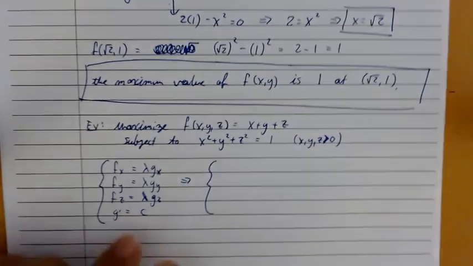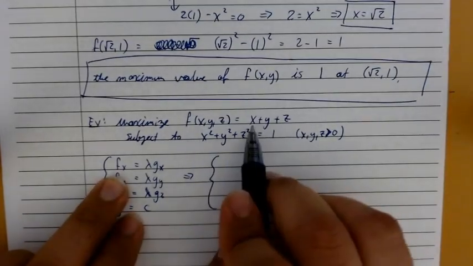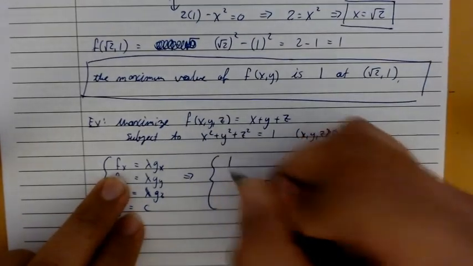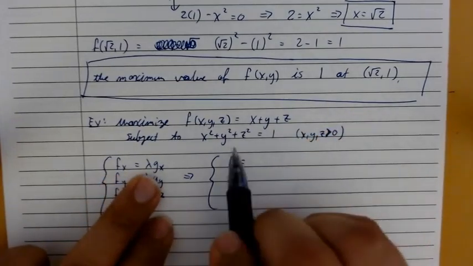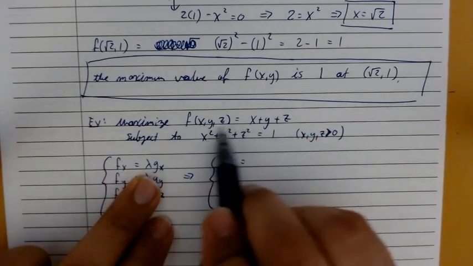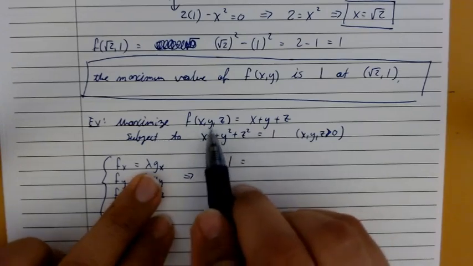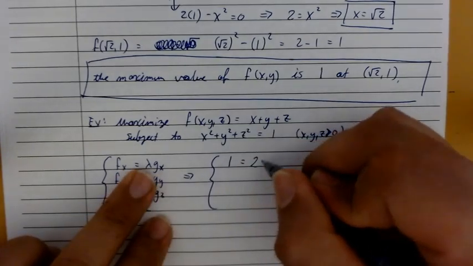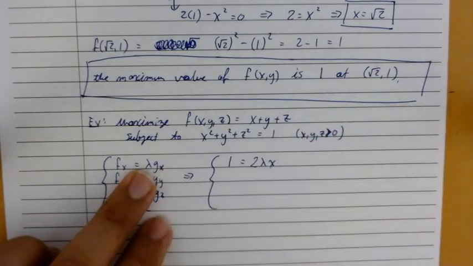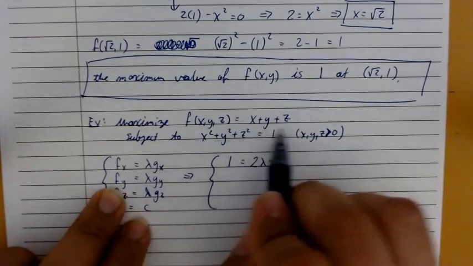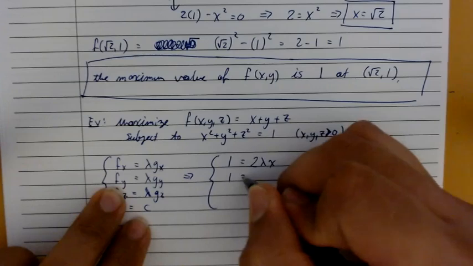The derivative with respect to x of our function, well, that's just the number 1, equals the derivative with respect to x of g, well, it's going to be 2x. All these would be 0. So 2x times your lambda. The derivative of f with respect to y, that's also 1.